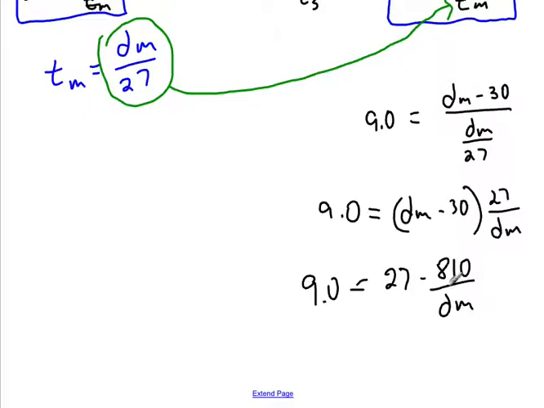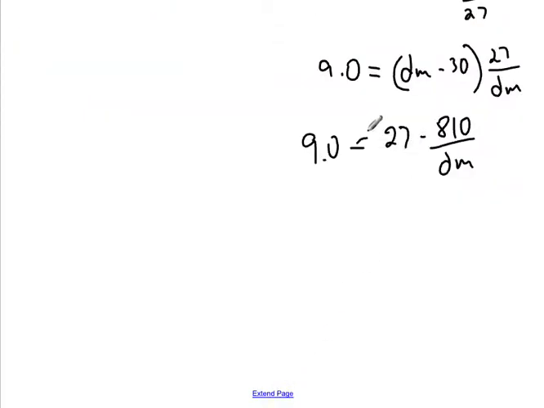Alright, so we got dm on the bottom, but it has some subtraction in front of it. So we want to get dm by itself. To do that, what are we going to do, Kaylin? We got the subtraction first. Let's get this negative 810 over dm to the left and make it positive.